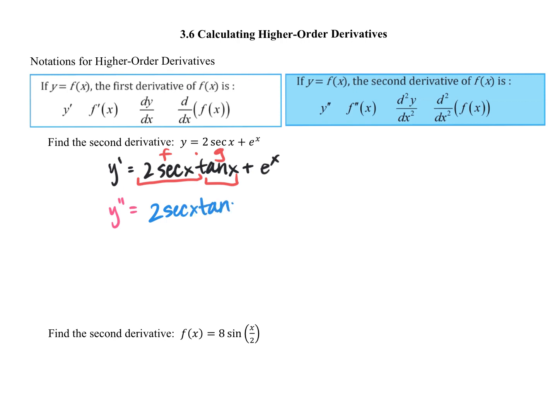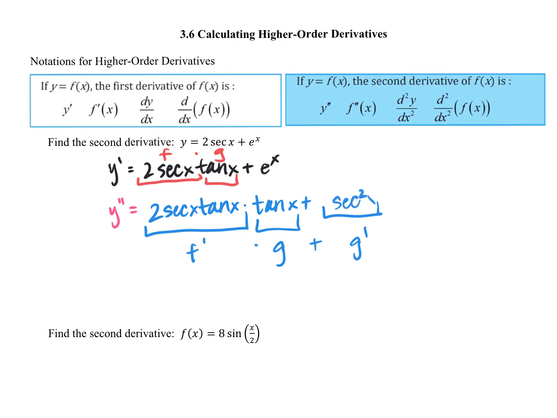That is my f prime. Let's go multiply that by g. Plus f prime, plus tangent squared times g, plus, so close. Wait. Derivative of tangent is something else squared. You got it. Secant squared times f. Beautiful.